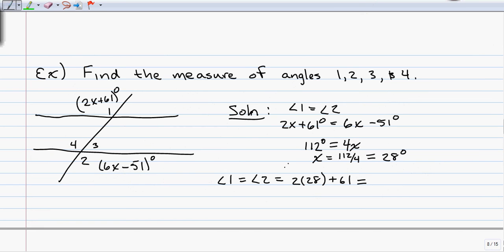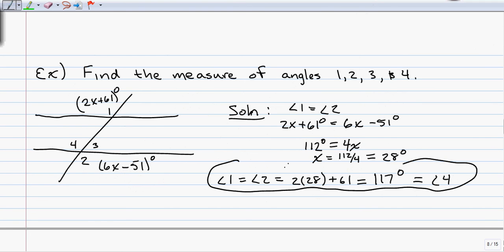And when we do the arithmetic on our calculator, we get 117 degrees. Now, this is also equal to what angle 4 is equal to. You can think about it as being vertical angles. 2 and 4 are vertical, so they're equal to each other. So 1, 2, and 4 are all 117 degrees.